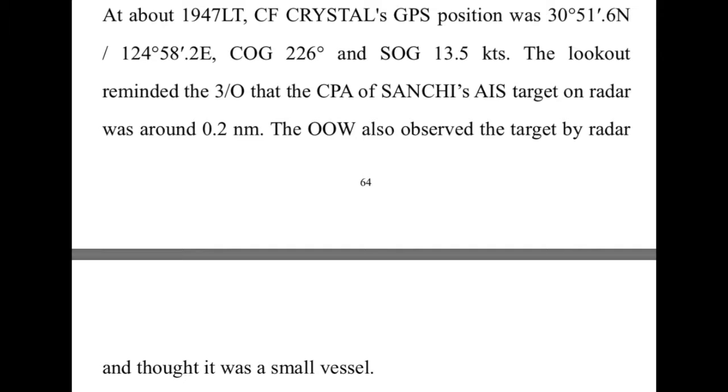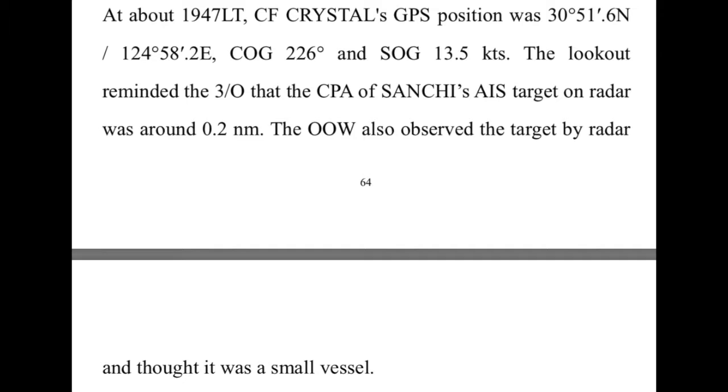Okay, let's see 1947, which was 3 minutes before the collision. What we have here is the statement of the third mate on the Crystal. The third mate said he found that the Sanchi's AIS target on radar had a CPA of about 0.2 nautical mile.